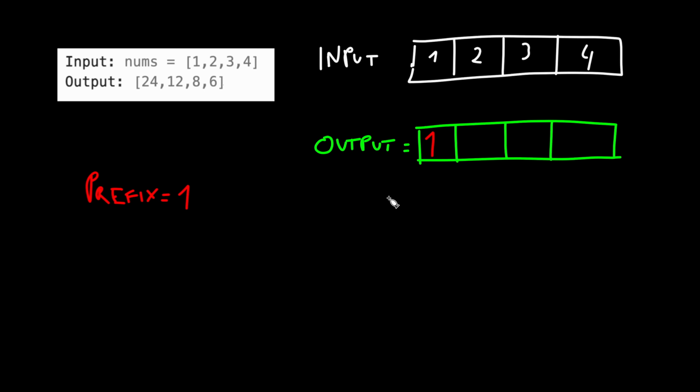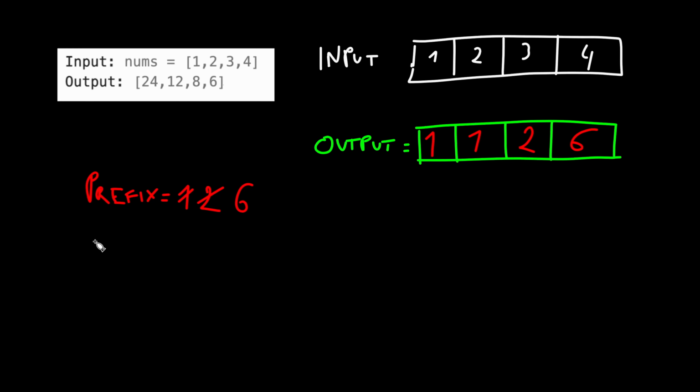In this case we're going to take the prefix, which is 1. Now we want to update our prefix variable, so we are going to do 2 times 1, which is 2. Now we want the prefix for number 3. In this case it's 2, and now we want to update our prefix. So we're going to do 3 times the prefix, which is going to be 6. Now we're going to put the 6 here, and we can stop because we have reached the end.